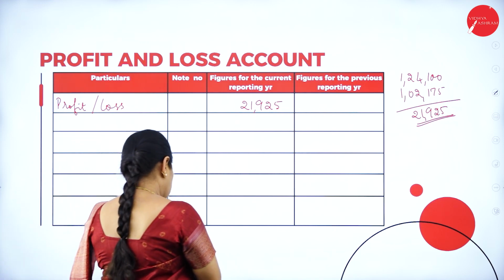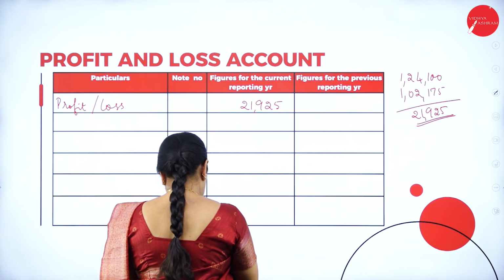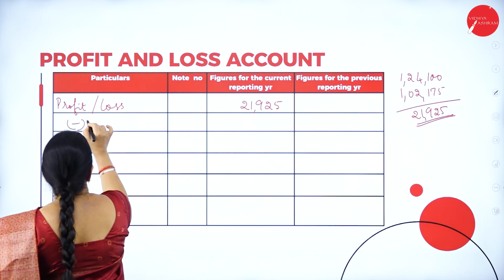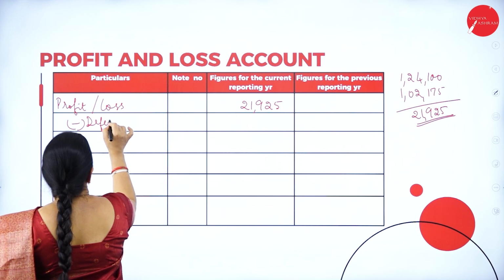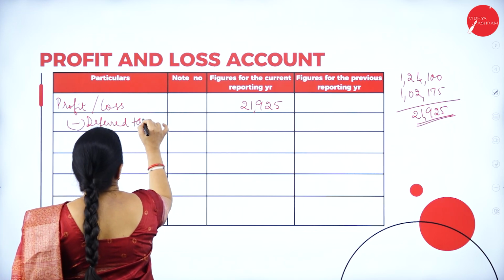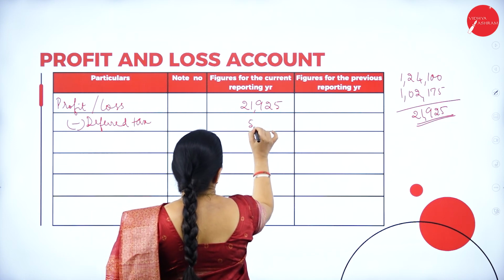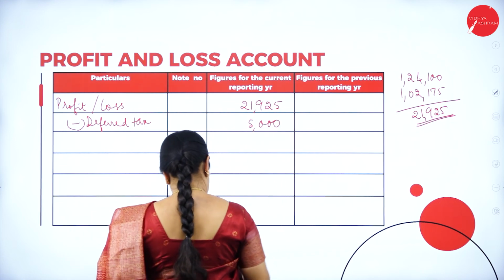Now from this we have to deduct the provision for tax less deferred tax. Deferred tax is given. So 5,000 I am deducting the deferred tax.